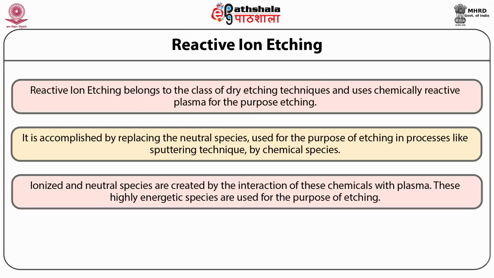Ionized and neutral species are created by the interaction of these chemicals with plasma. These highly energetic species are used for the purpose of etching.